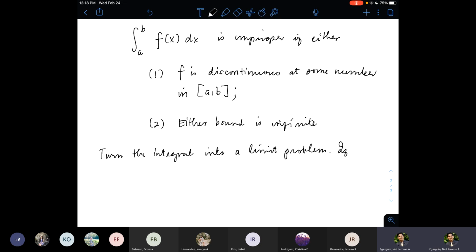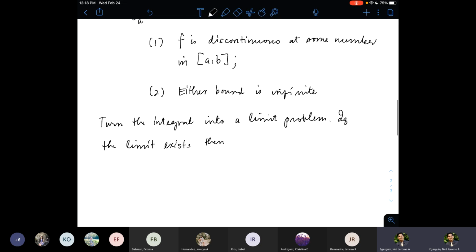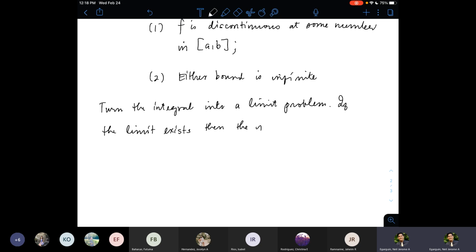Then if the limit exists, then we say that the improper integral is convergent. Essentially, you turn the integration problem into a limit problem.